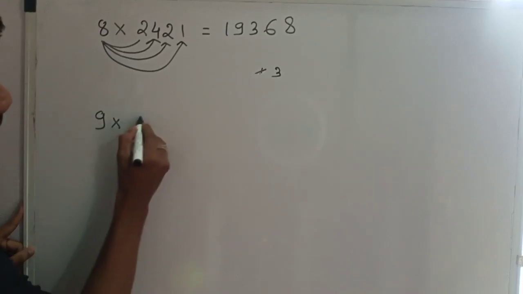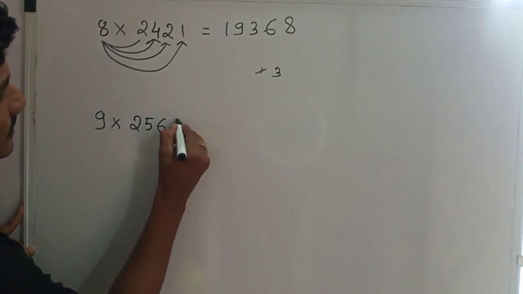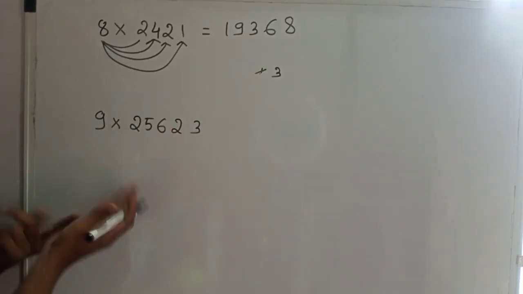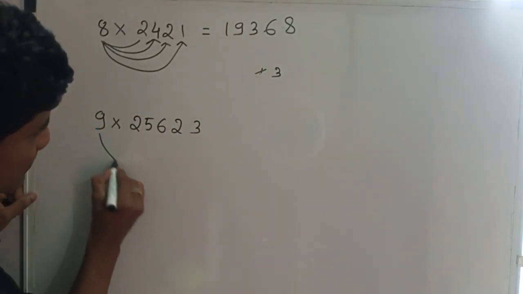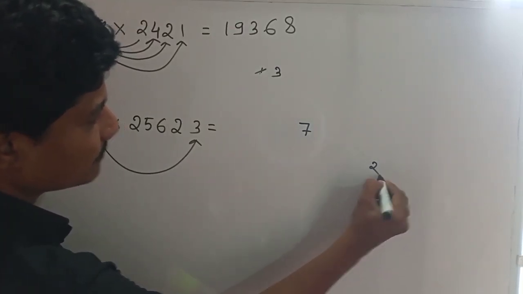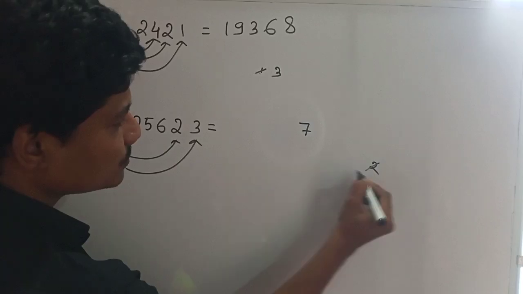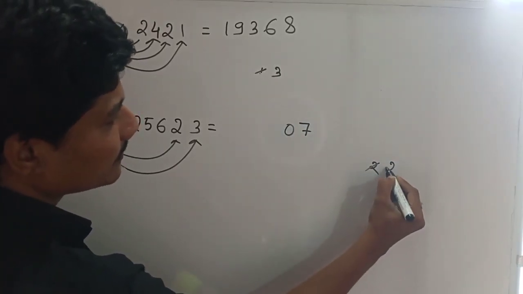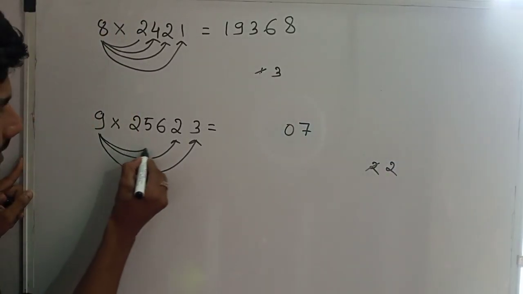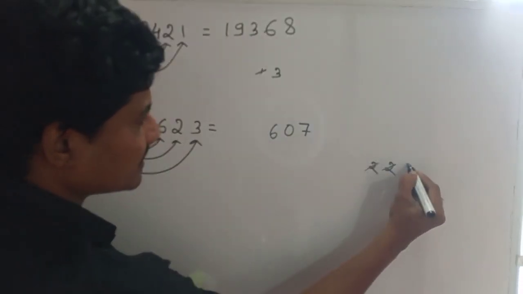Let's take the next number. 9 into 25623. 9 threes are 27. Carry 2. 9 twos are 18. 18 plus 2, 20. Carry 2 again. 9 6s are 54. 54 plus 2, 56.